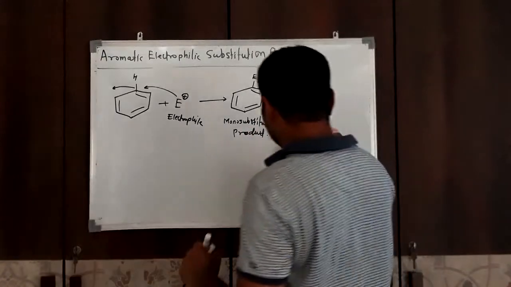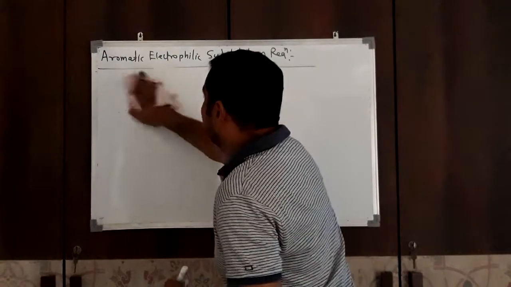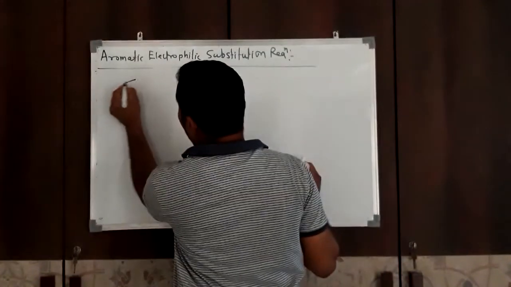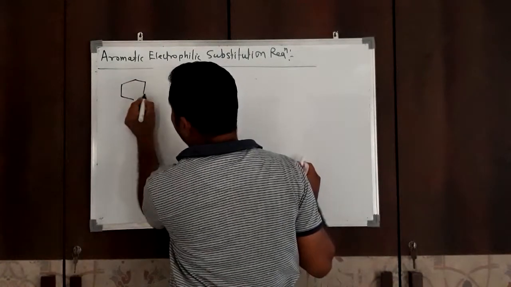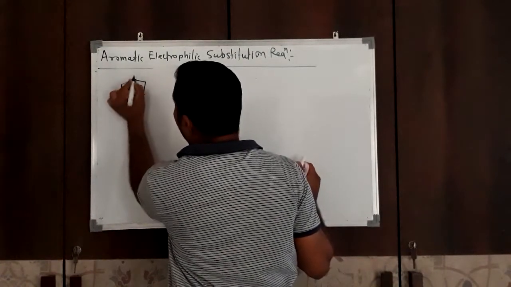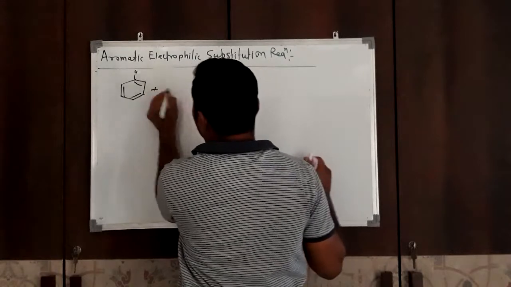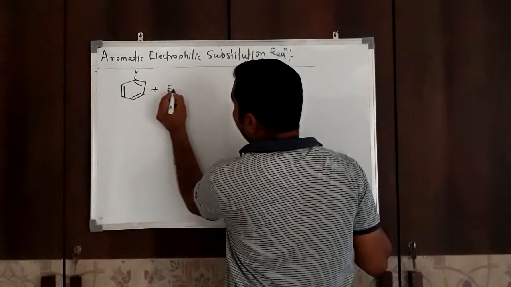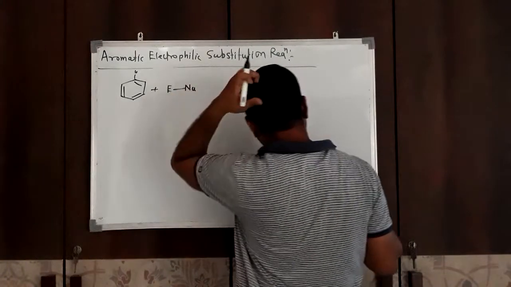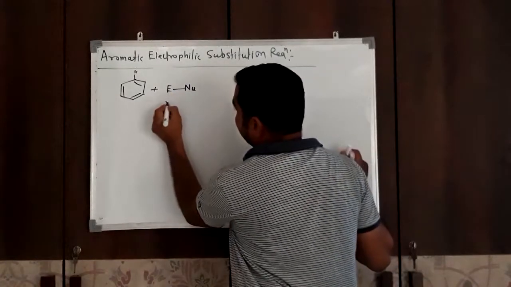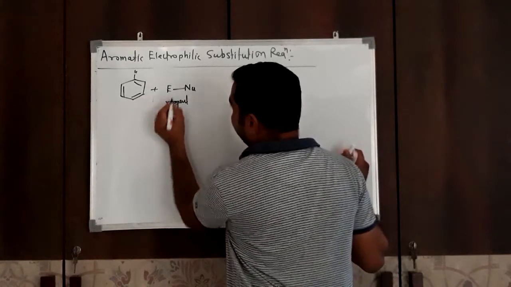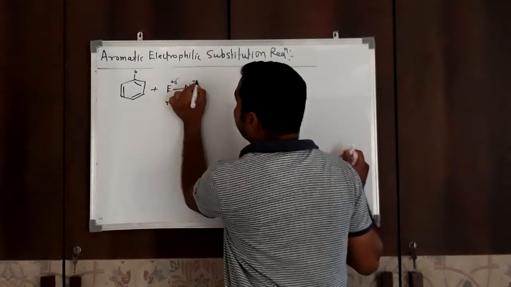Now, how does this reaction take place? General mechanism. See what happens. This benzene reacts with E and Nu, for example. This is the reagent, where E is the positive part and Nu is the negative part of the reagent.